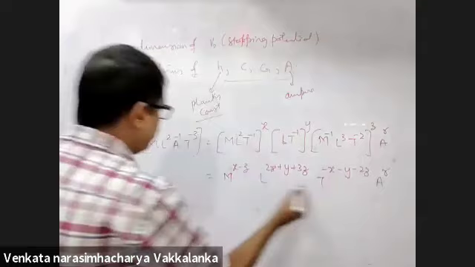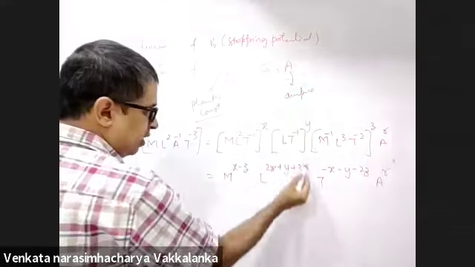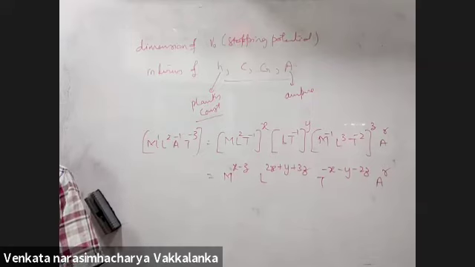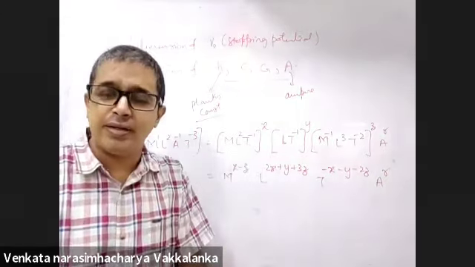This I will equate it to minus 3. This I will equate it to 2. x minus z I will equate it to 1. Now this is the entrance part of it.